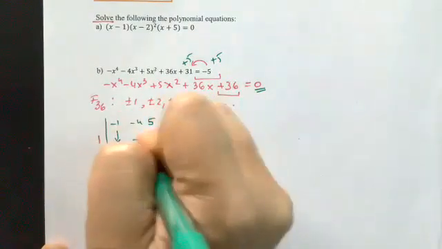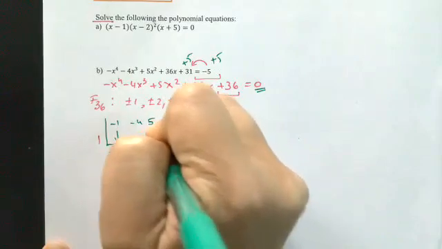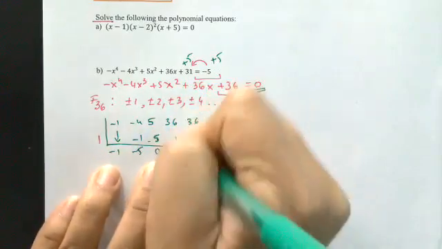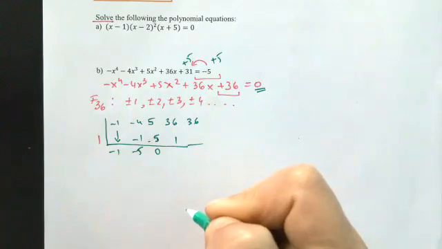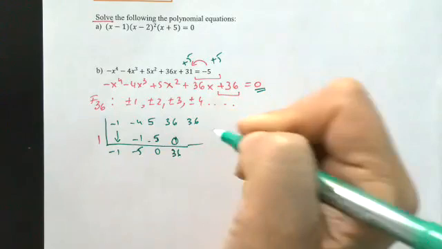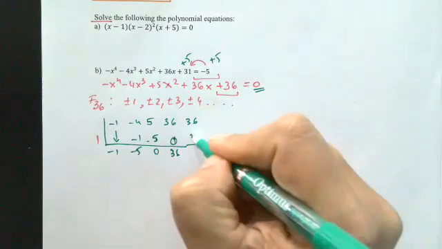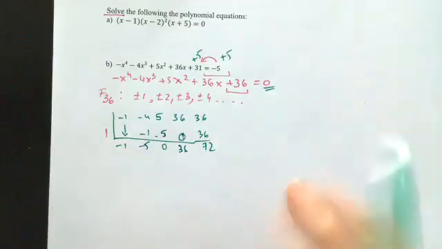-1 times 1 is -1, -5, -5, 0, 1. What's going on? 0, not 1, and then 36. 36, 72. Not a factor.